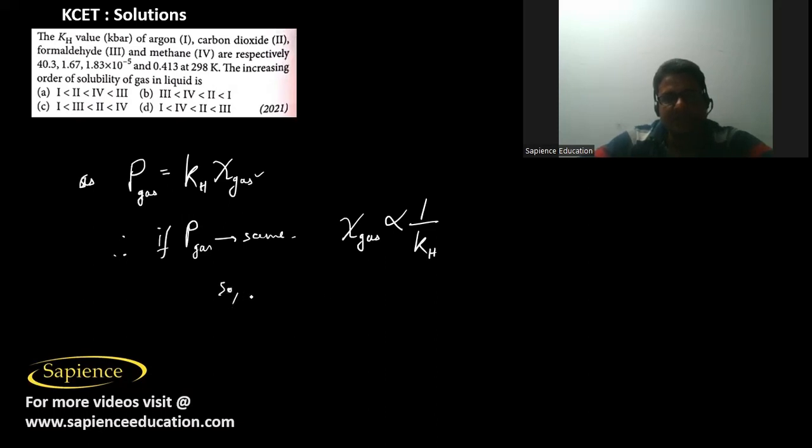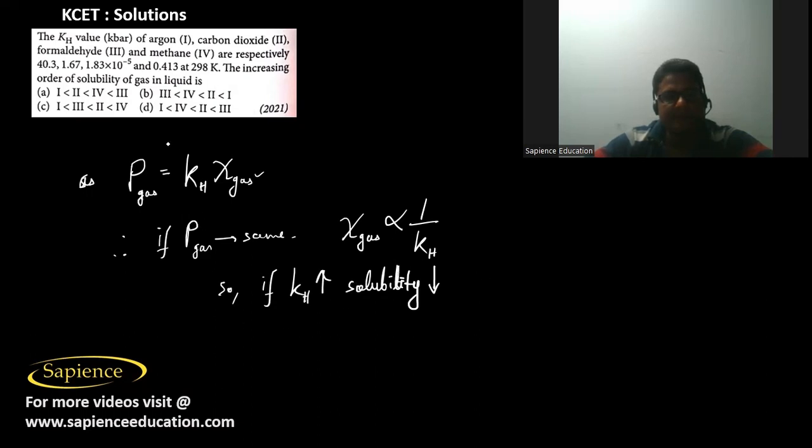If the KH value is higher, the solubility of the gas will be lesser, since lesser amount of gas will be soluble in that solvent.